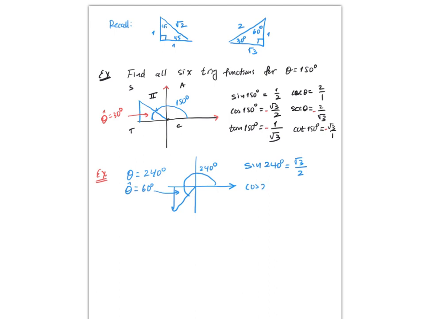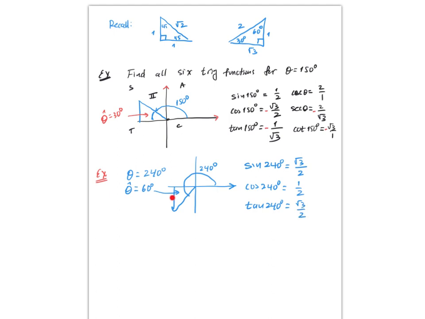Now cosine of 240 degrees is the adjacent. The adjacent to 60 is 1, and therefore the hypotenuse is 2. So this is 1/2. And then finally tangent of 240 will be the opposite over the adjacent, so it will be radical 3.